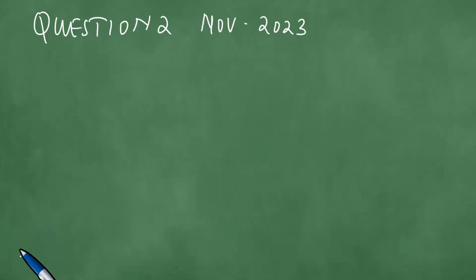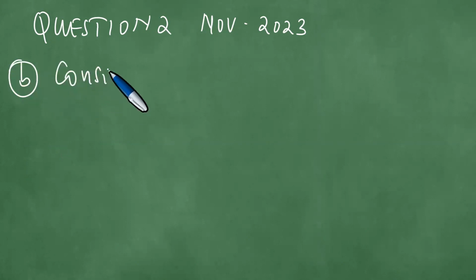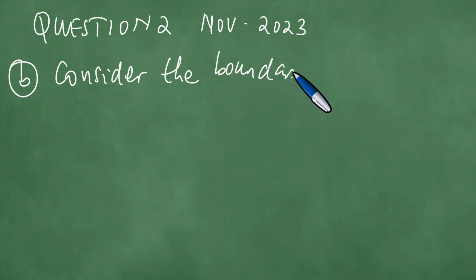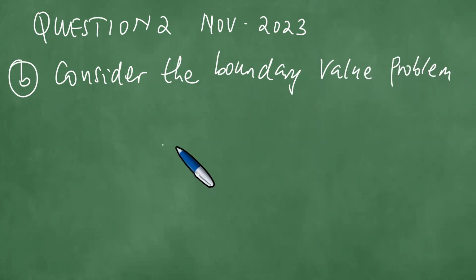And the question is actually part B. We're saying consider the boundary value problem y double primed, which equals y plus x.